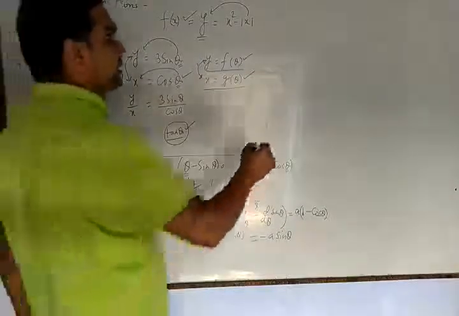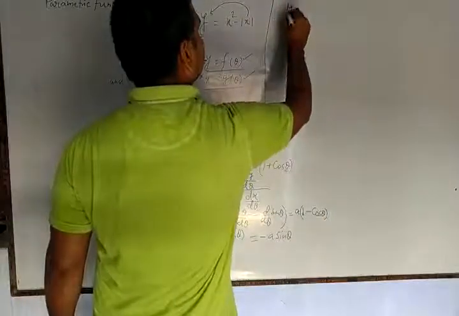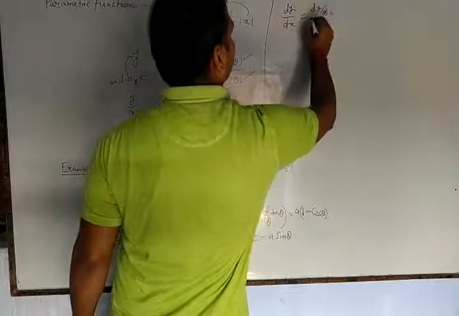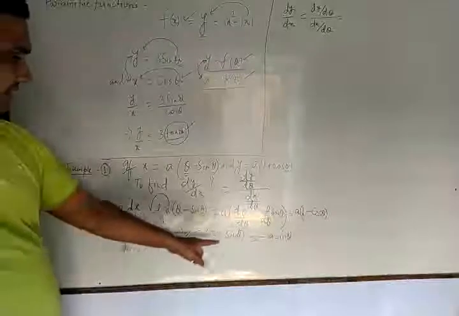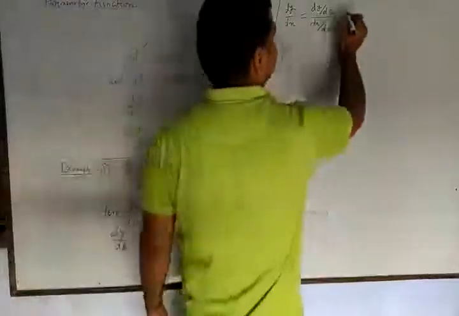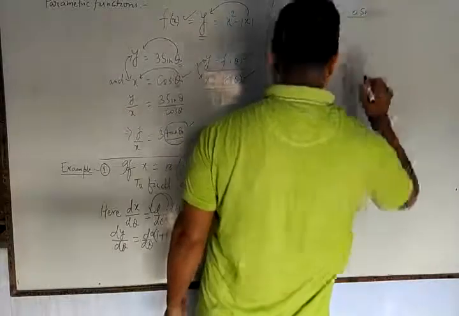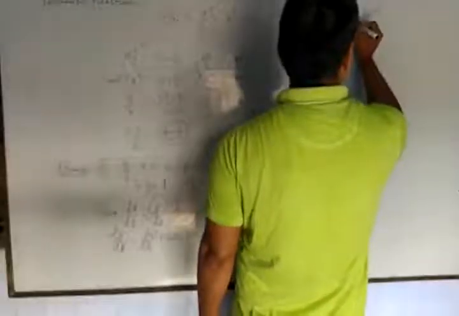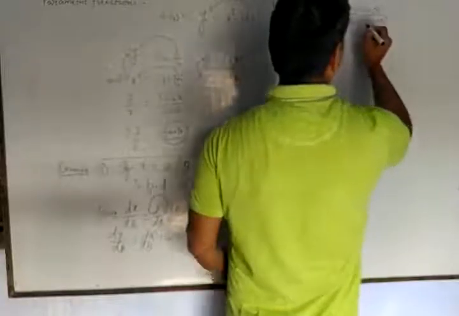So can we find now? Therefore dy by dx is equal to dy by d theta, a whole division dx by d theta. dy by d theta is minus a sin theta, whole division a into 1 minus cos theta.